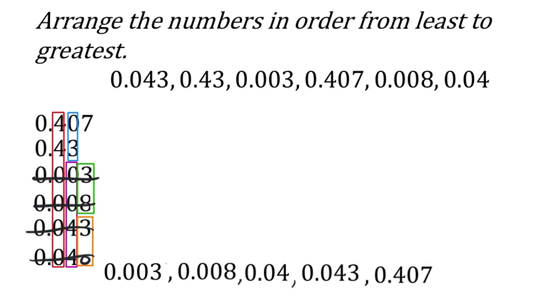And then the biggest number was the 43 hundredths, which is right here. Okay, and that's all the numbers in order from least to greatest. We used these top two as well, so just cross those out just so we know we used them. And now this list is in order from least to greatest.